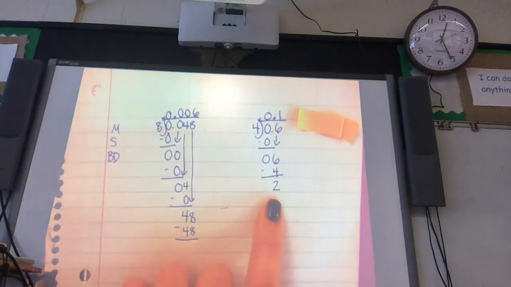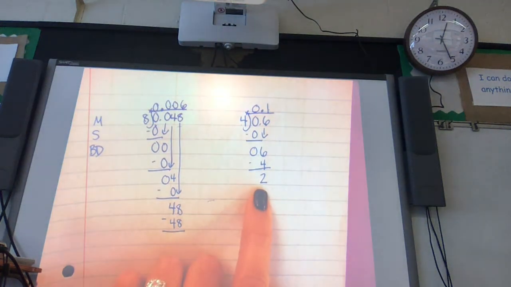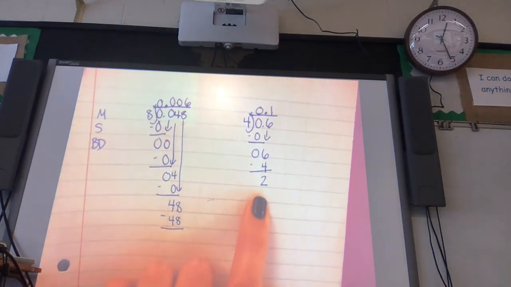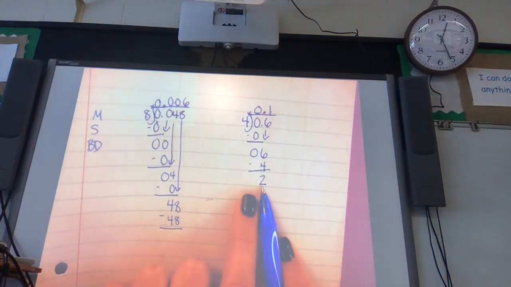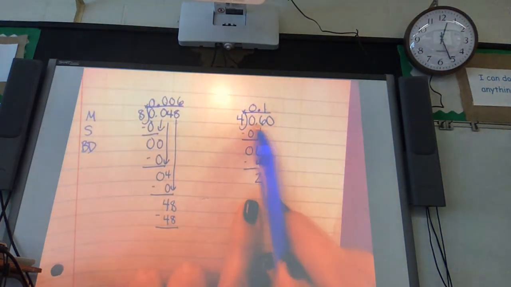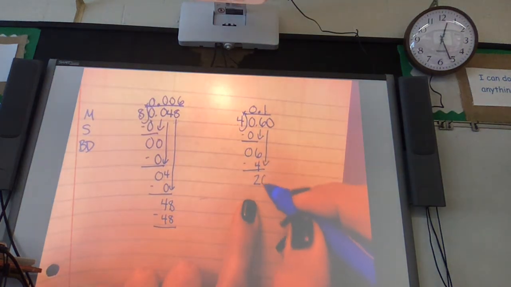Now, to have a remainder wouldn't be a problem with whole numbers. But when we have a fraction, we need to do what we can so there's not a remainder. And what do we do? We add a 0. We're going to tack a 0 right there on the end of the dividend, and then we can drop it on down.